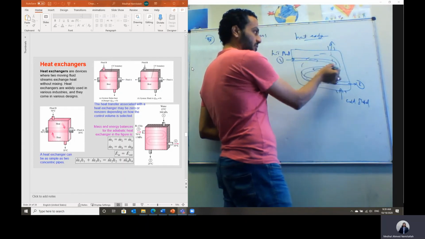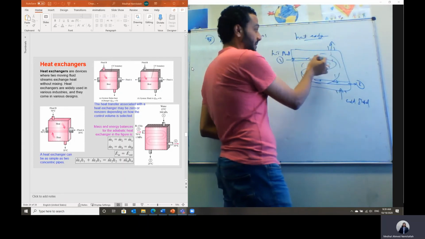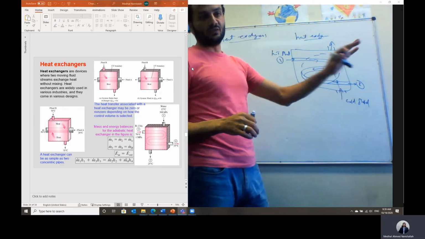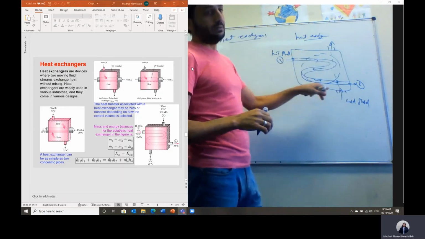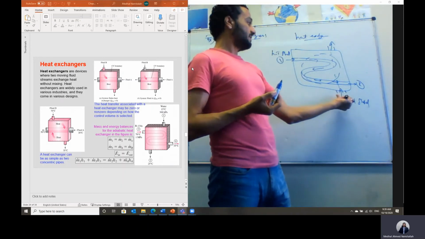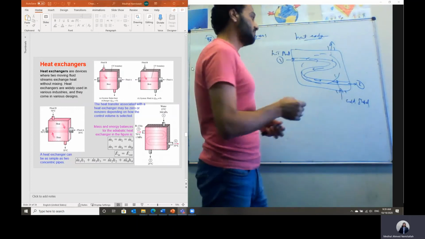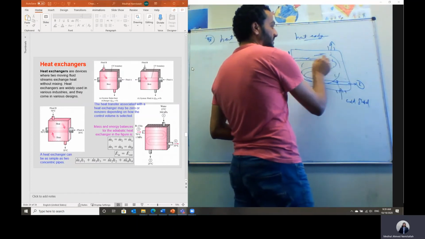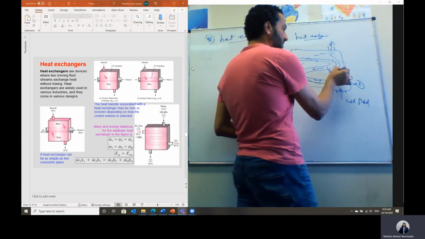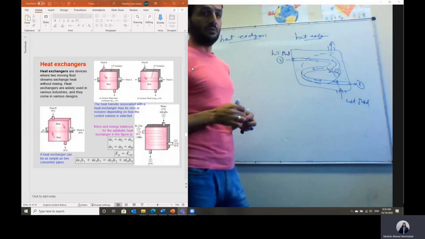It will not go through the whole tube outside around this tube. It may just leave from down there without absorbing the heat. So usually we pass the cold fluid from the bottom so that it will fill the whole tank before leaving. Now it is able to absorb the heat from the hot fluid in this case.